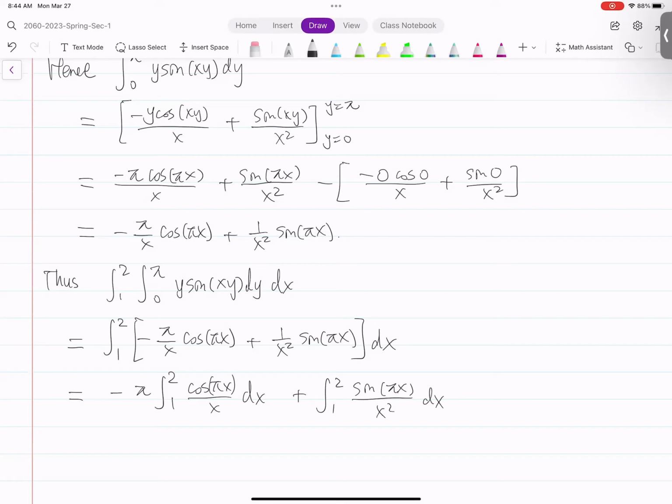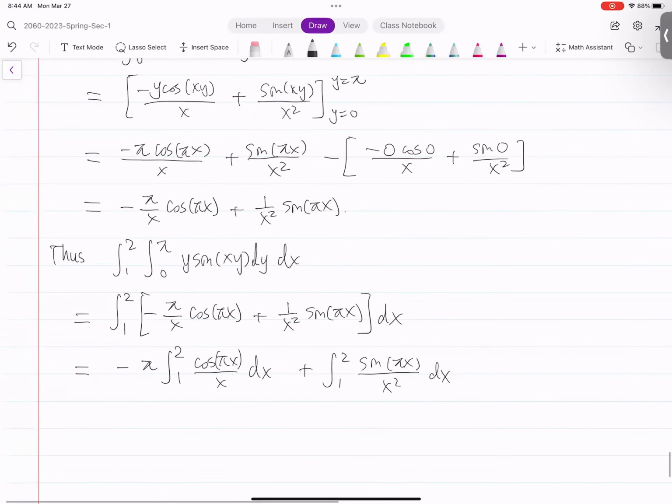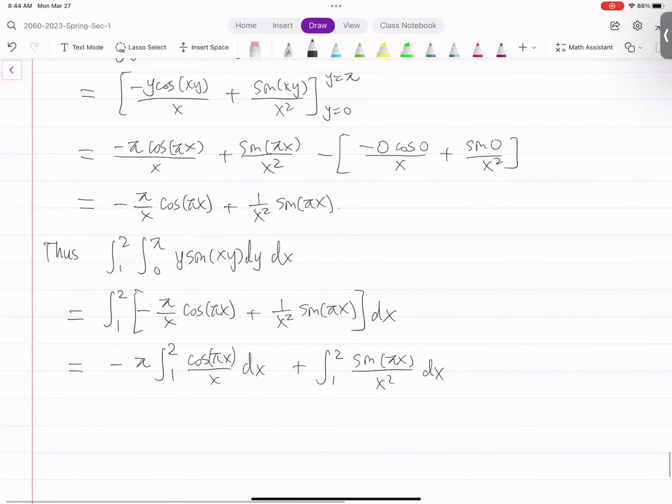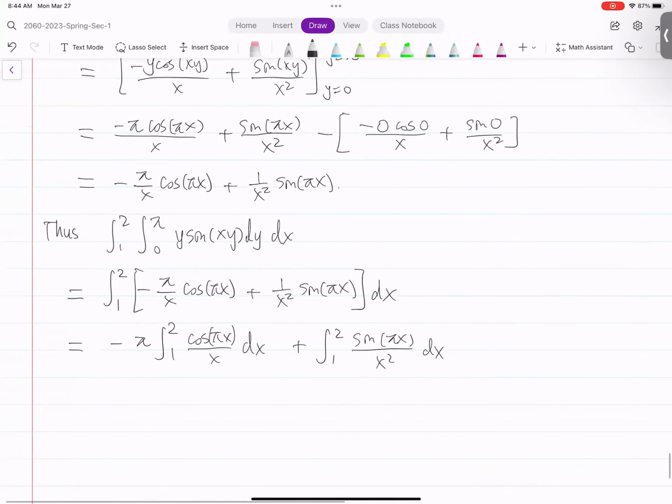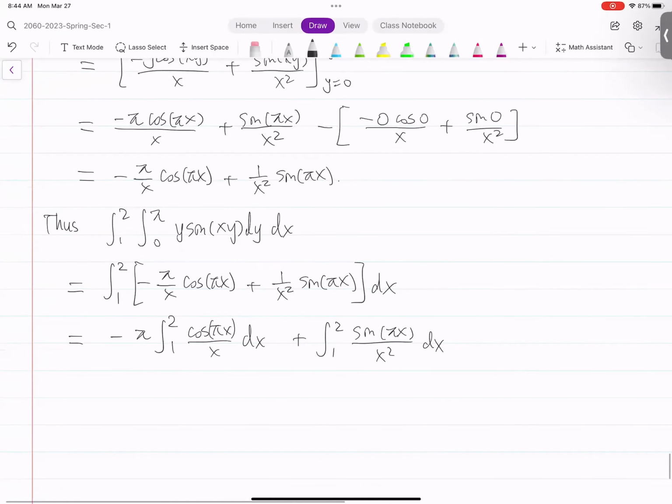Now both of these integrals look really complicated, but if you really think about this kind of product, I would say integration by parts is probably the only way out, because although it looks complicated, it may relate to the other integral right here.